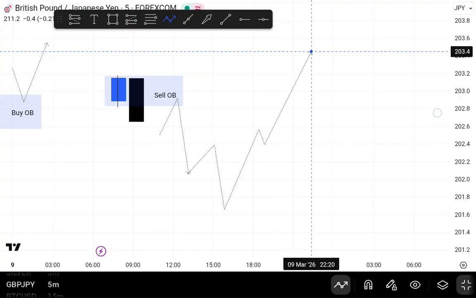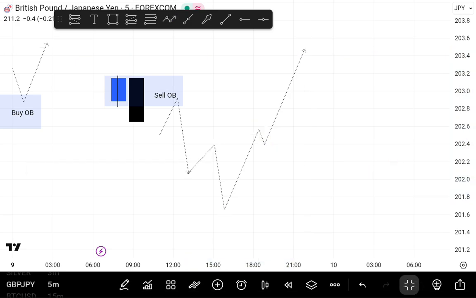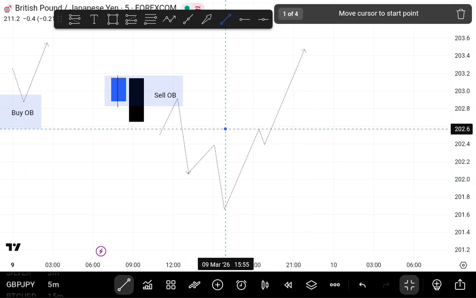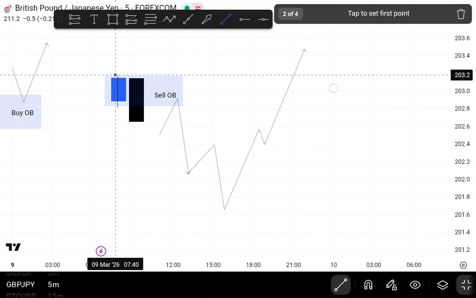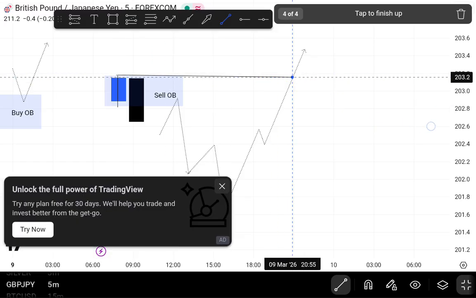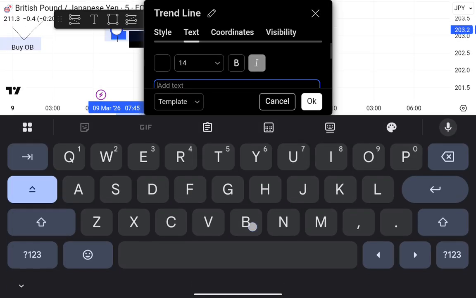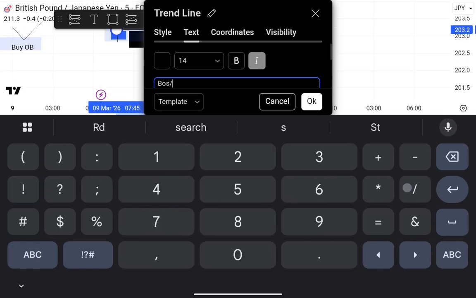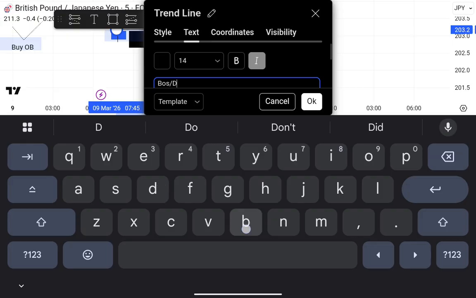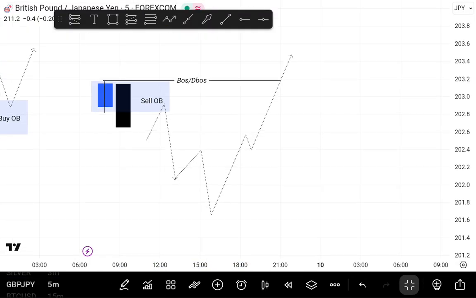So by the time the market breaks this order block that was supposed to push the market down, we then refer to it as a reconstruction or a double reconstruction.